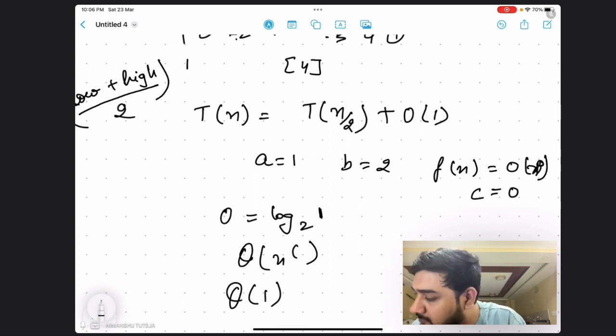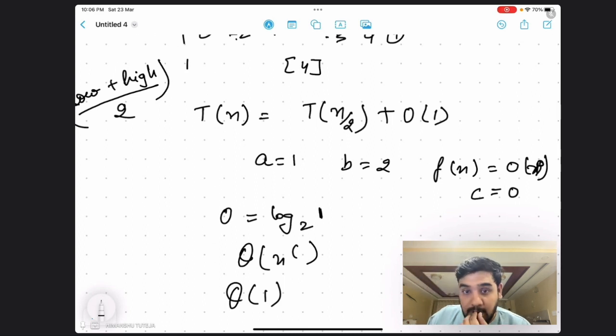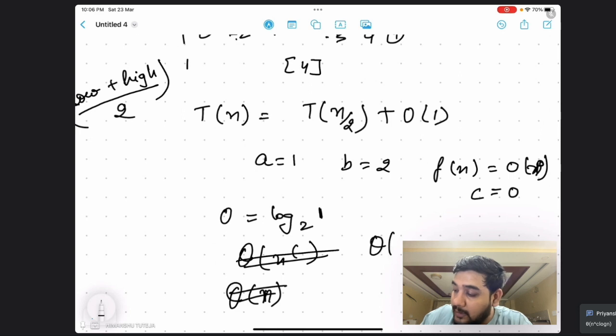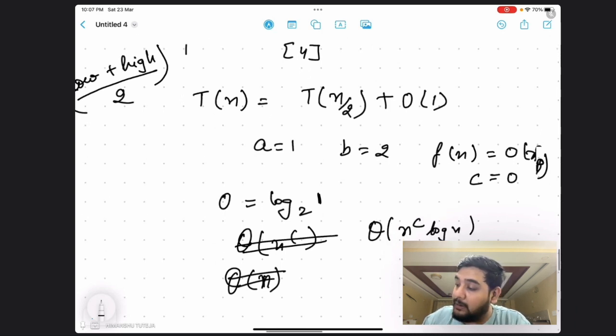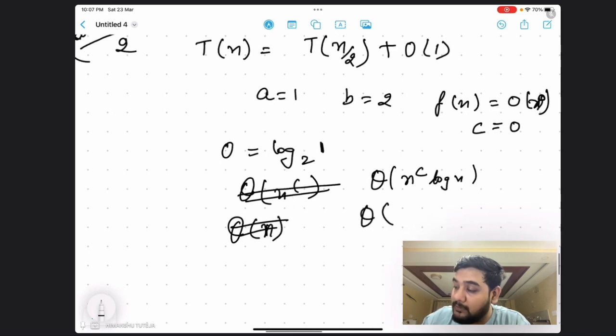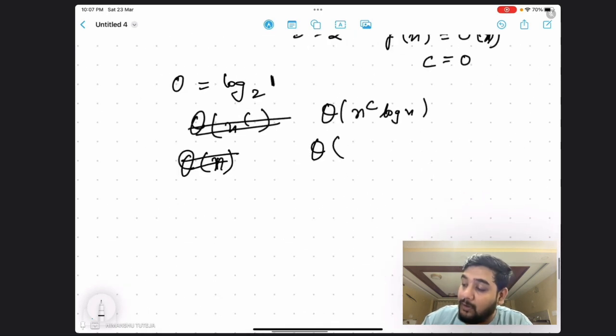I think I missed something, because it shouldn't be just theta of n^c. Sorry, the complexity will be theta of n^c log n, and theta of n^c is 1, so now it will be log n.